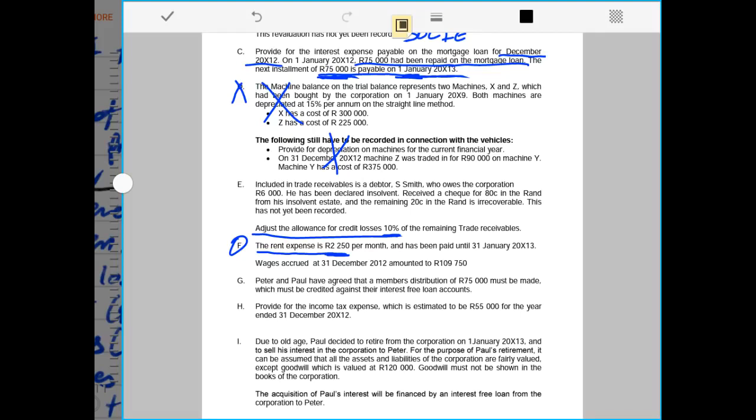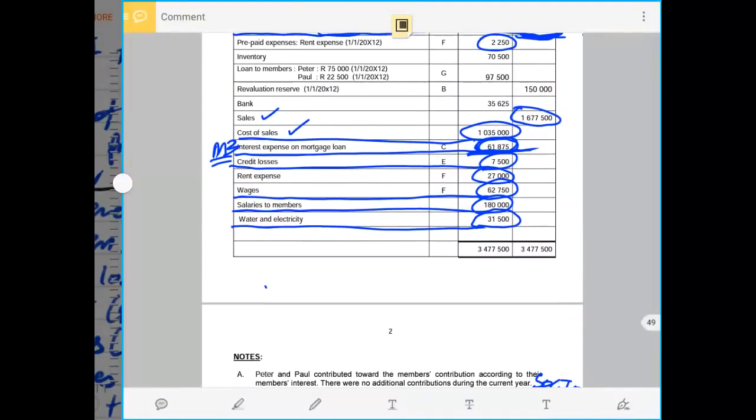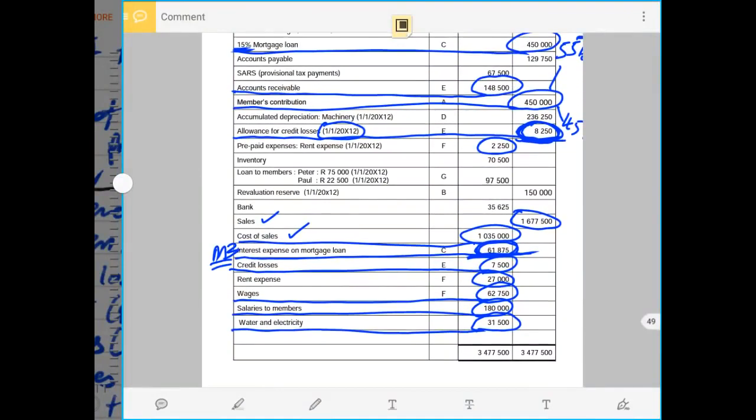The minute a rent of 2,250 is paid until January 2013, that clearly tells us that there is definitely a prepaid expense. So if you say 2,250 times 12, that gives us 27,000 rands. That means the business is supposed to have paid 27,000 rands of rent for the full year.